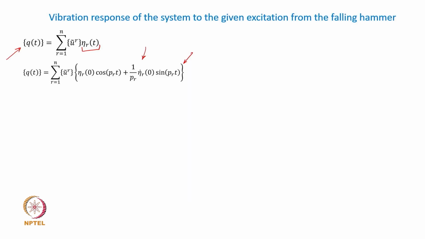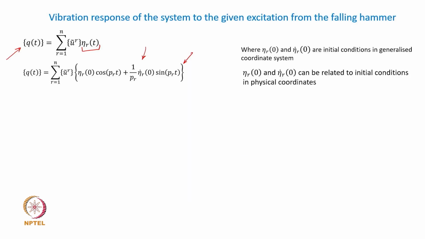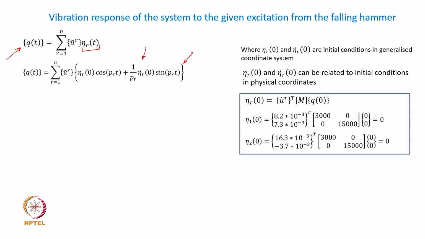Now, what we do, we would like to replace eta r(0) and eta r dot(0) in terms of the physical initial conditions, right. For that we already discussed that the physical initial conditions are prescribed, that means q(0) is 0 0, that is prescribed because that is what the displacement or response of the entire system was at t equal to 0.